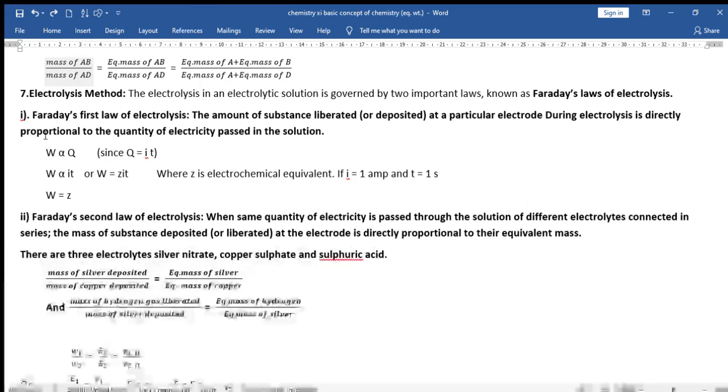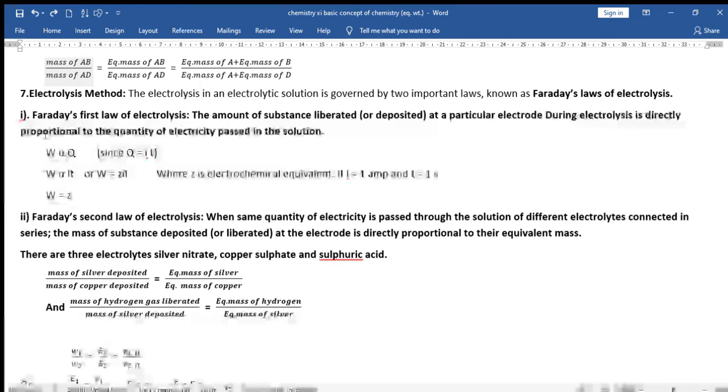How much substance is collected at any electrode is governed by two important laws, which were first studied and given by Faraday. So these are known as Faraday's laws of electrolysis.